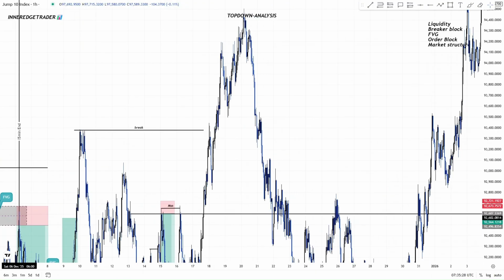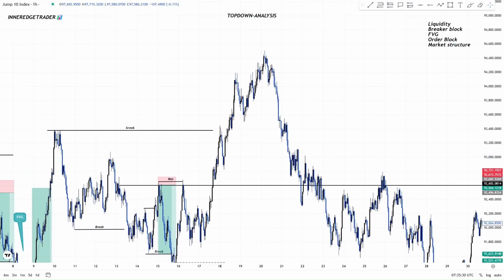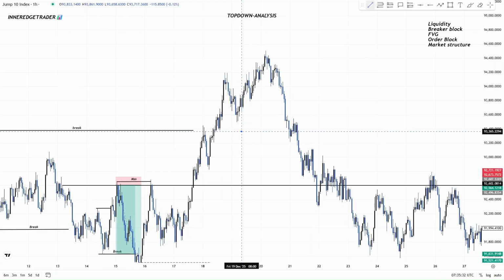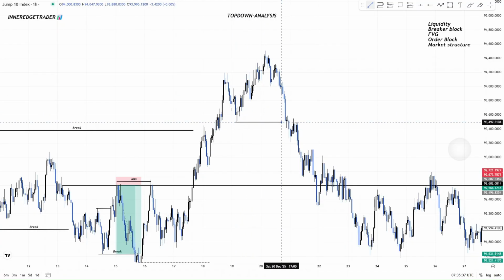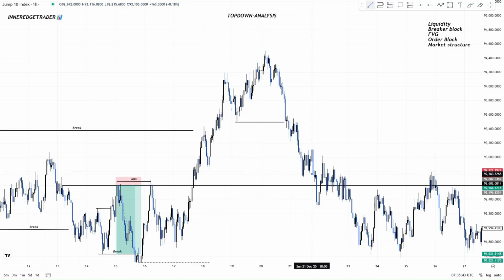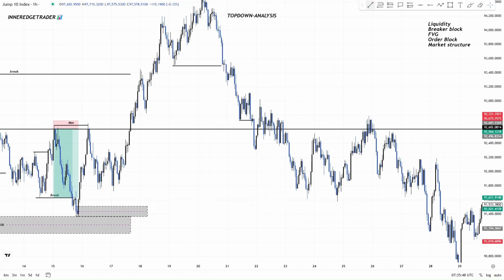So after price made the break to the downside, we can see on our 1 hour we have a market shift to the downside, and market continues to make all those shifts, making internal structural breaks to the downside.